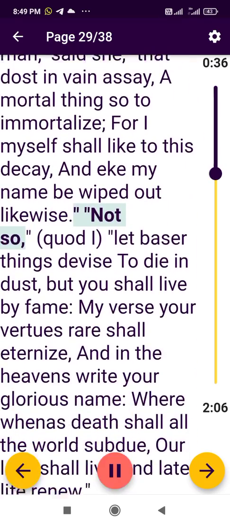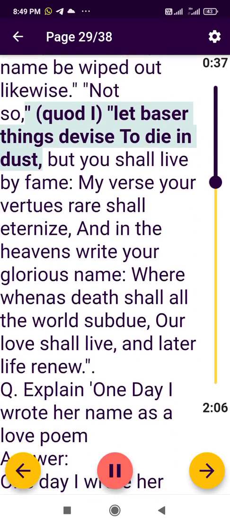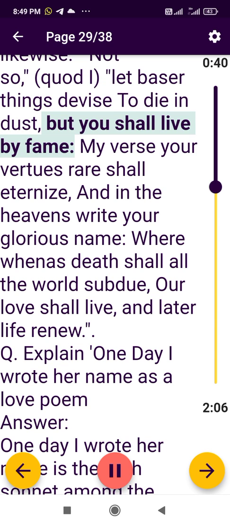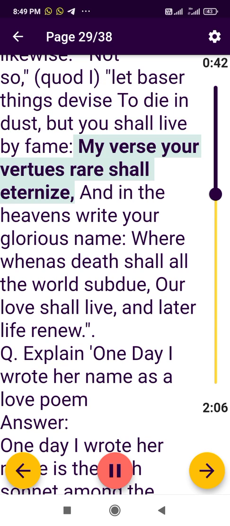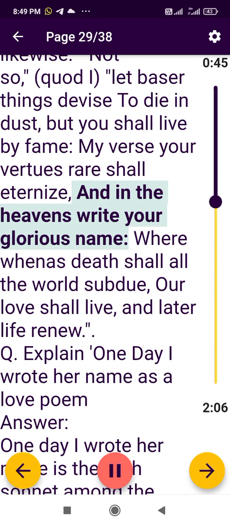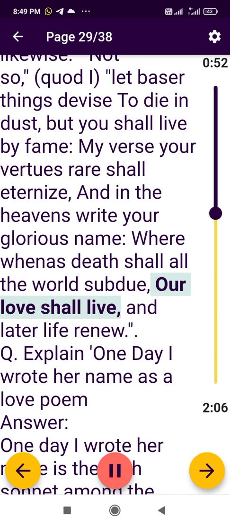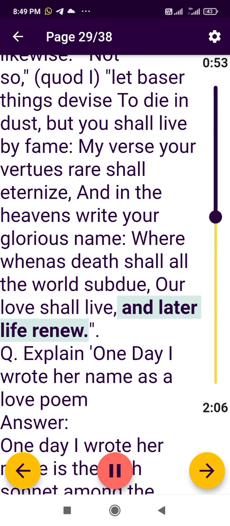Not so, quod I, let baser things devise to die in dust, but you shall live by fame. My verse your virtues rare shall eternize, and in the heavens write your glorious name. Where whenas death shall all the world subdue, our love shall live, and later life renew.